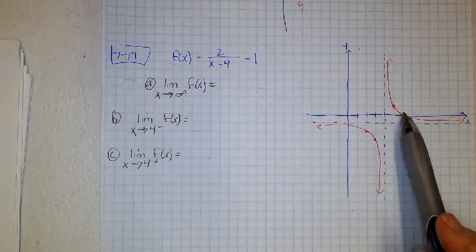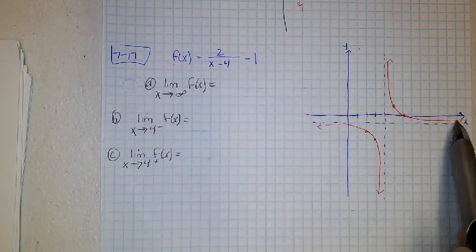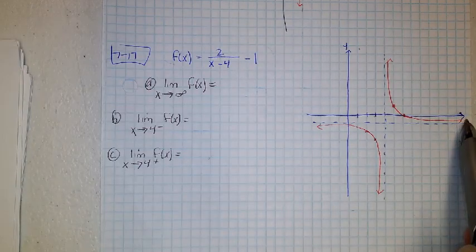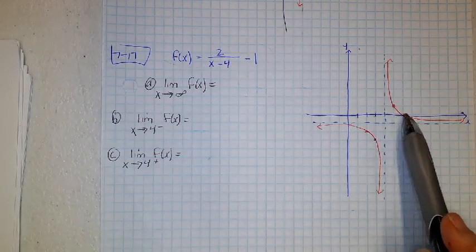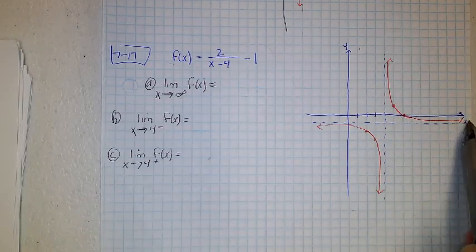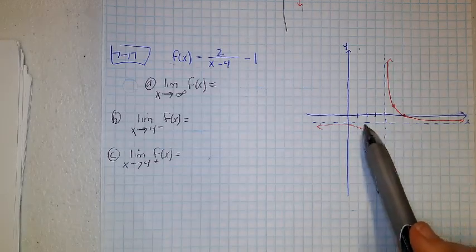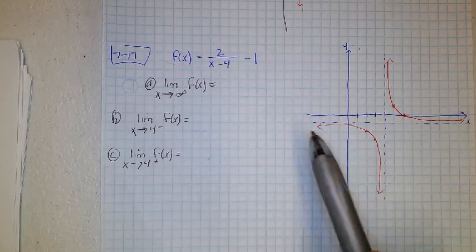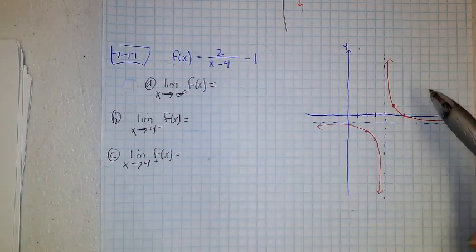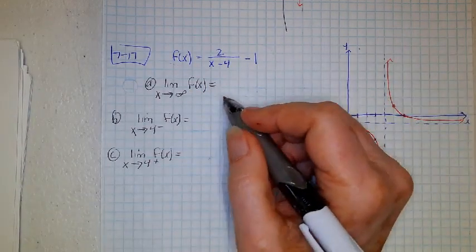So we're going to approach infinity, and where does the bug think he's going if he's approaching infinity? Like, what y value is he going to go to if I follow this? Aren't I getting ever so close to this dotted line, which is -1? So that's how you answer these. You say, well, where does Benny Bug think he's going?